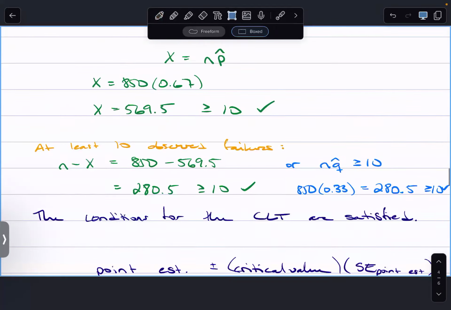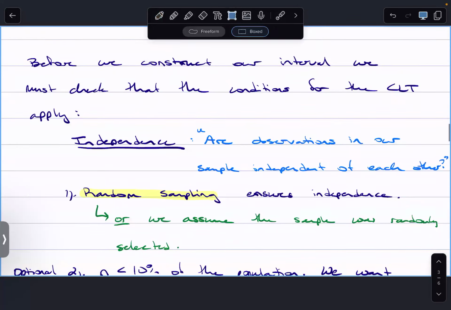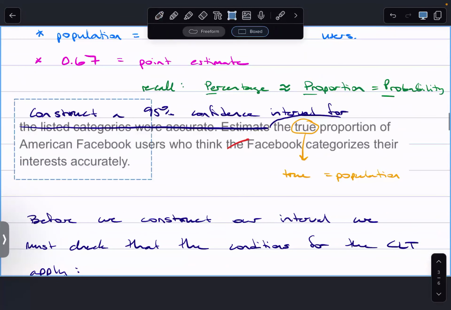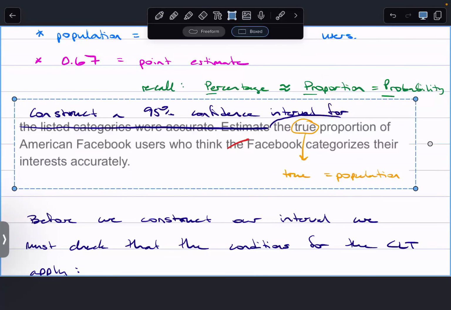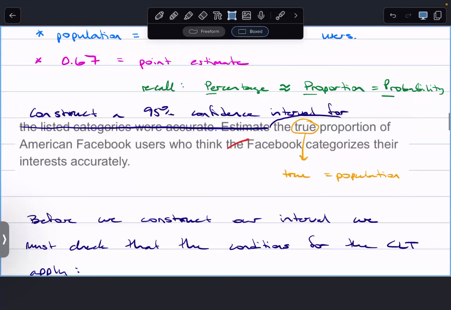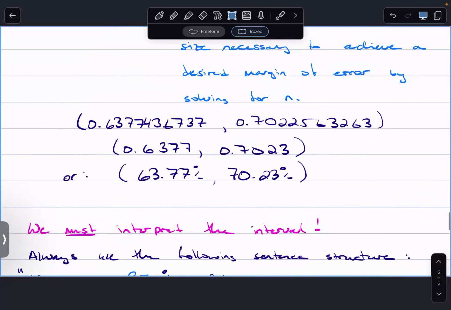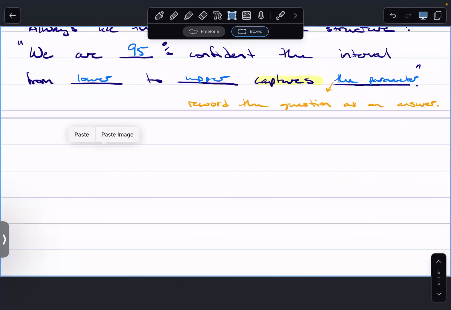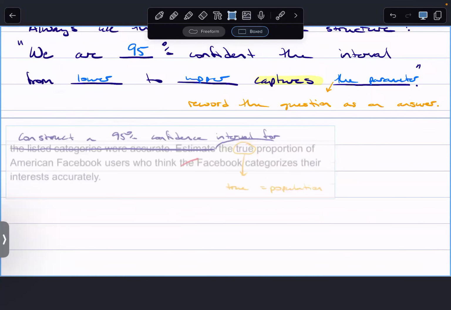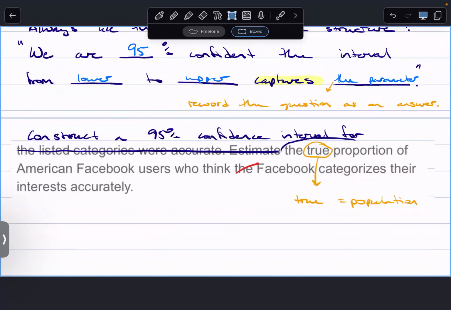So I'm going to grab, oh, where was it? Long time ago. Copy. Grab the question. The question was construct a 95% confidence interval for the true proportion.